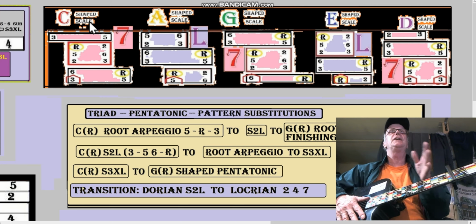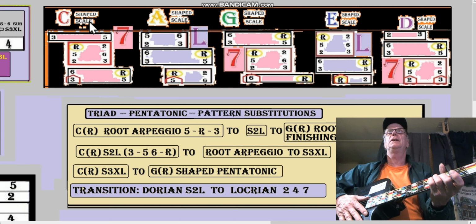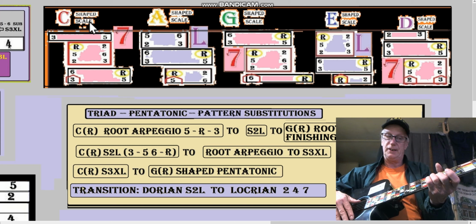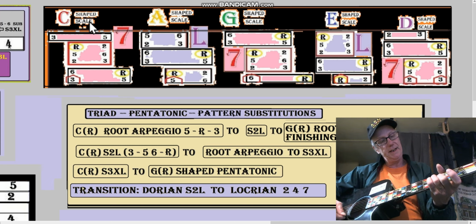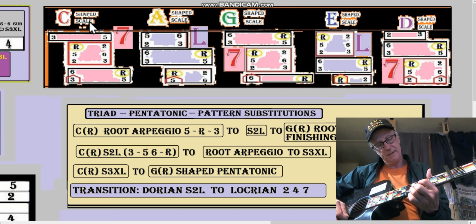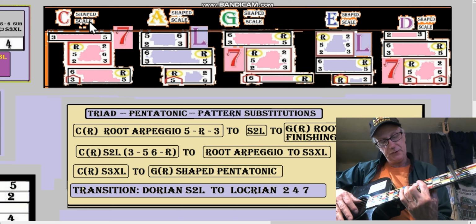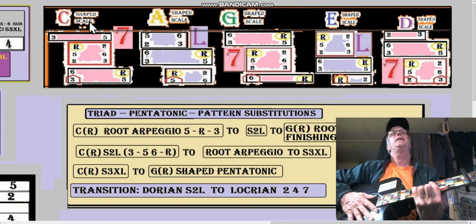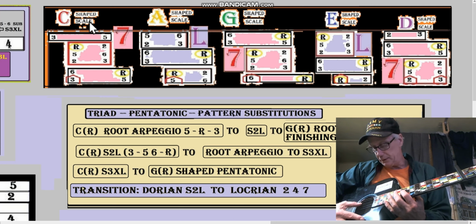It's not CAGED anymore. If you start on E, you're not looking at CAGED anymore, you're looking at EDCAG. Alright, so it'd be E, D, C. This is a C-shaped E. Alright, and then A-shaped E right up here.